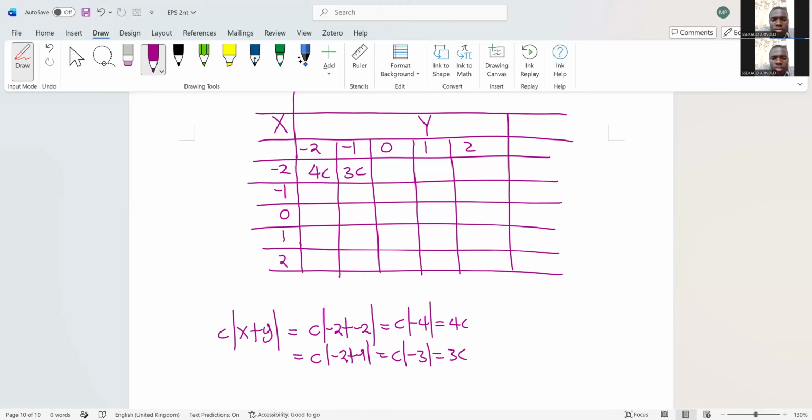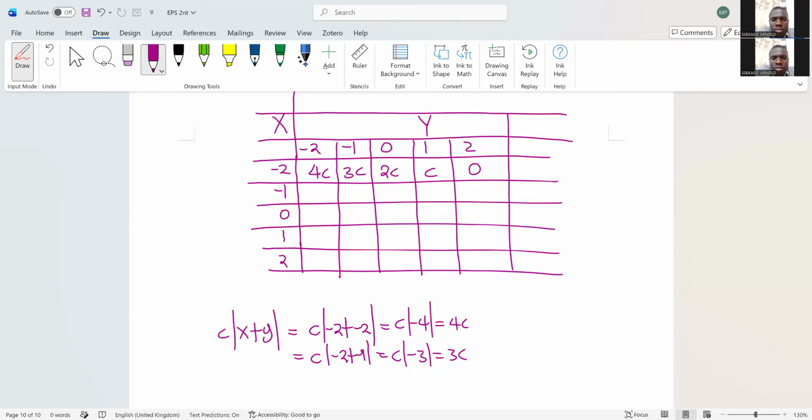We have absolute -2 plus 0, which gives us 2C. Then x is -2, y is 1. So -2 plus 1 is -1, absolute is 1, so that becomes C. Then x is -2, y is 2. If you add the 2, you get 0.